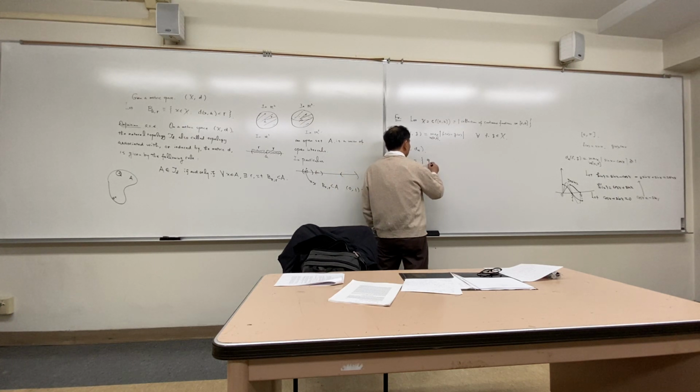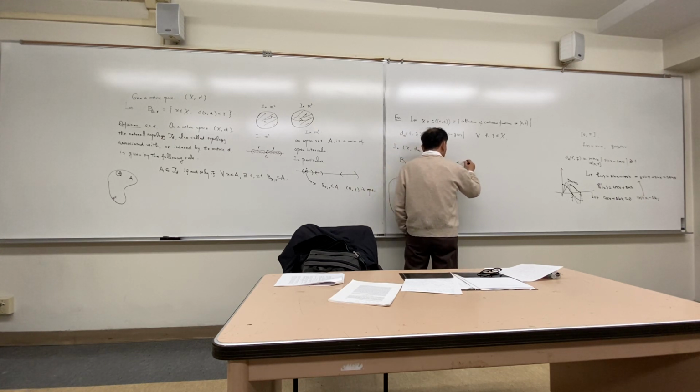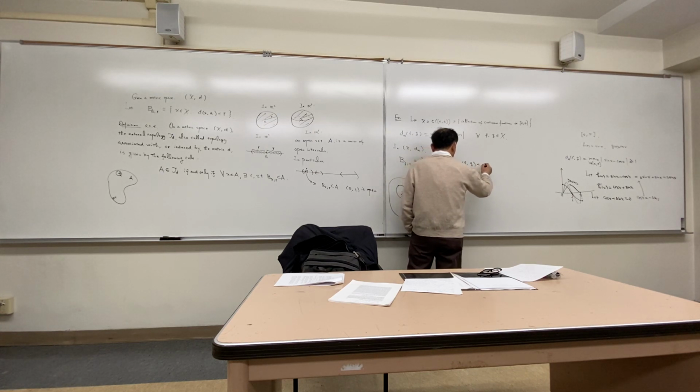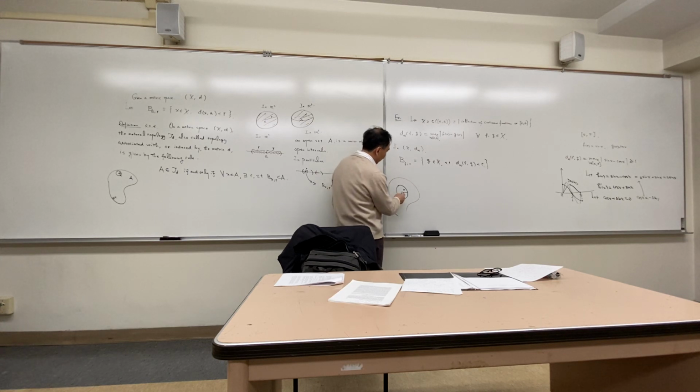That is the collection of the elements g in X such that the d infinity distance of f and g is less than r, the radius. Okay, so that is all the elements g.